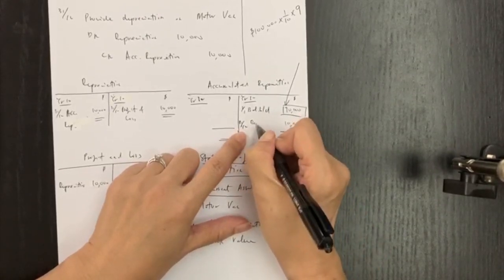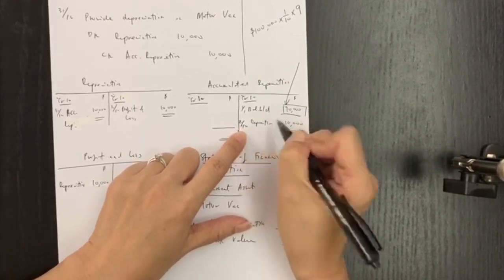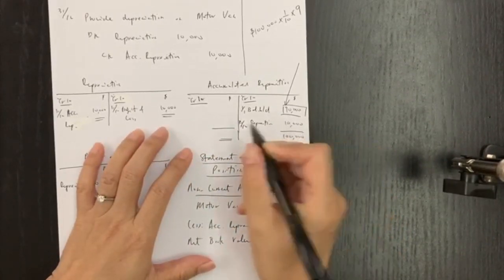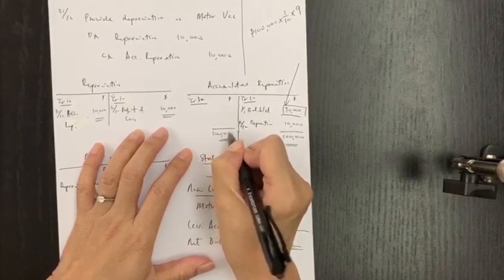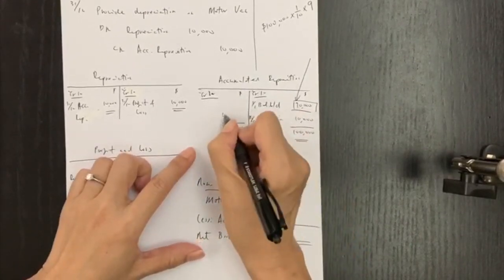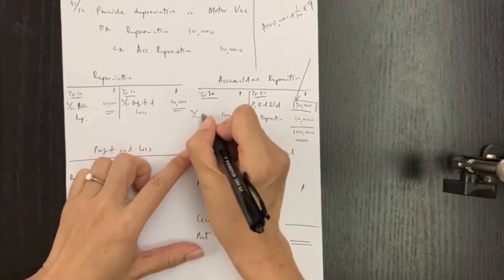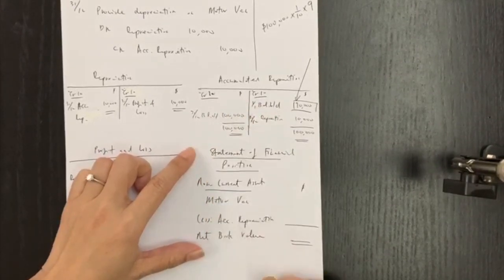So the reason is the depreciation account here. So I have finally 100,000, and here is also 100,000, and to close it at the end, this is balance carried down.